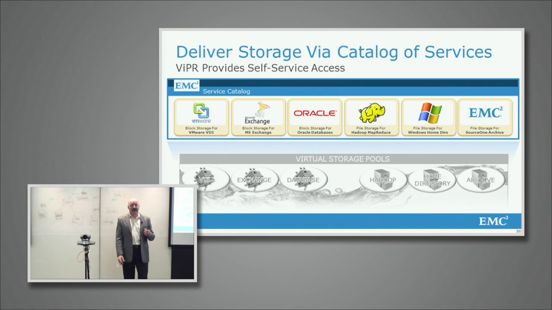These categories could be associated with block storage versus file storage, VMware storage services for file or for block, storage services for Windows versus Linux and Unix, et cetera, and of course, the data protection services as needed.